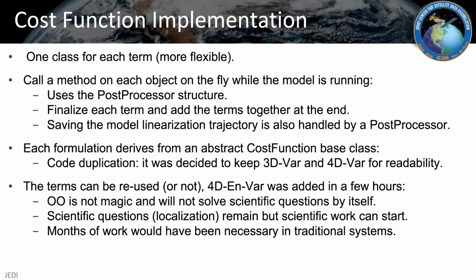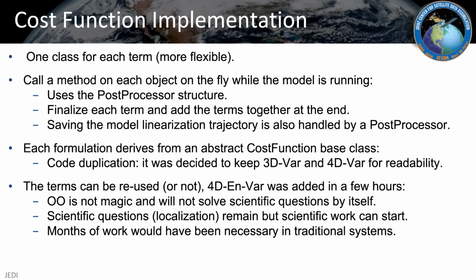If you look at the code in detail, you will see that there is an abstract cost function base class, and then there are several subclasses: one for 3D-Var, one for 4D-Var, one for weak constraint 4D-Var, and one for 4DEnVar. If you're really clever in how you configure it, you could actually do everything with the weak constraint 4D-Var cost function.